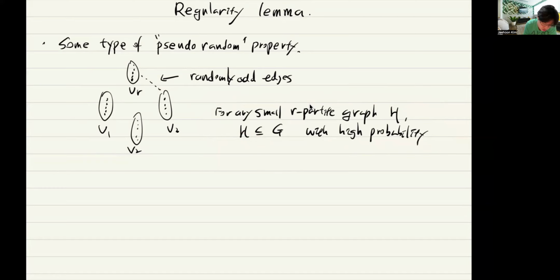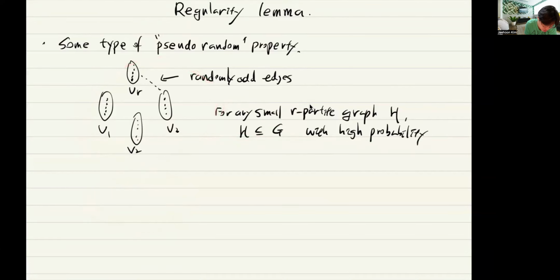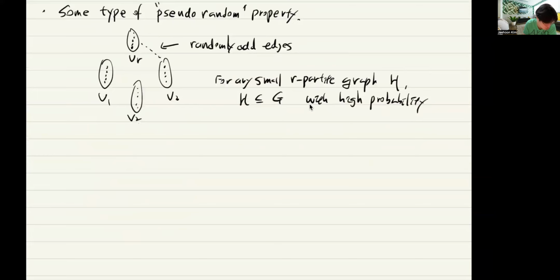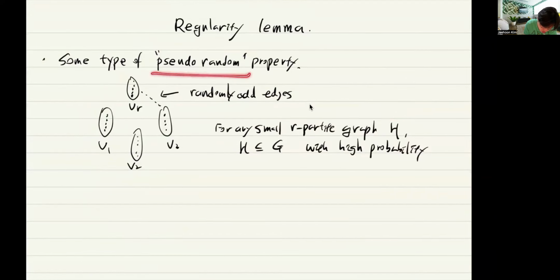Then we should first consider why we could find H in G. What makes this random graph so good? And if we find the gist of that property, the essence of the property, then we might be able to deal with other graphs, non-random graphs, that still satisfy the same essential property. Then that will still be good for our purpose. That's the philosophy of pseudo-randomness.